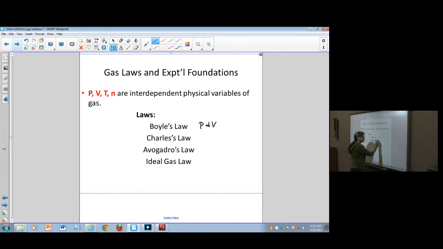In that case, we're talking about temperature and volume, so we're holding N and pressure constant. These are how you set up these experiments to figure out how each one of these variables matters. In Avogadro's law, not an avocado, you look at N and volume, meaning that you're going to keep pressure and temperature constant.